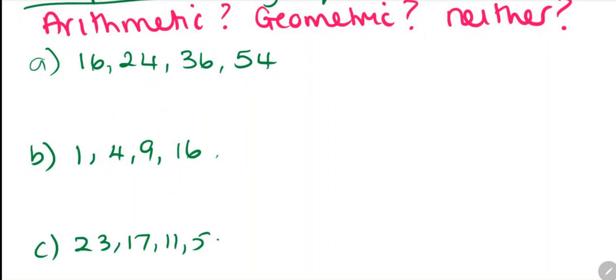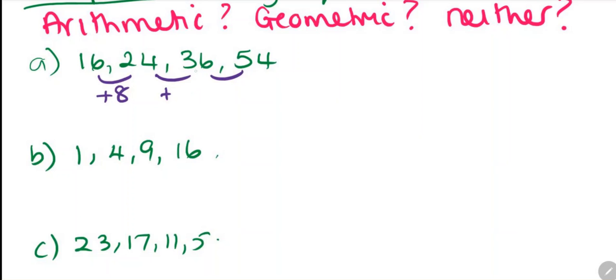Okay, so the first one, we're going to look for a common difference. So we want 24 minus 16, and this is going to be plus 8. And if we add 8 to 24, we'd have 32.